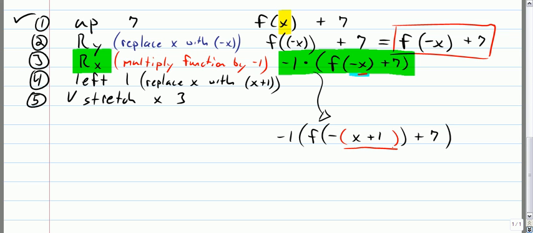And notice when I substituted it in, I put the parentheses around it just to show you that the minus right here is going to get applied to my entire x. So I'm now going to apply that to the entire x plus 1. If you want, you can clean that up. Let's look at parentheses. Do I have more than I need?